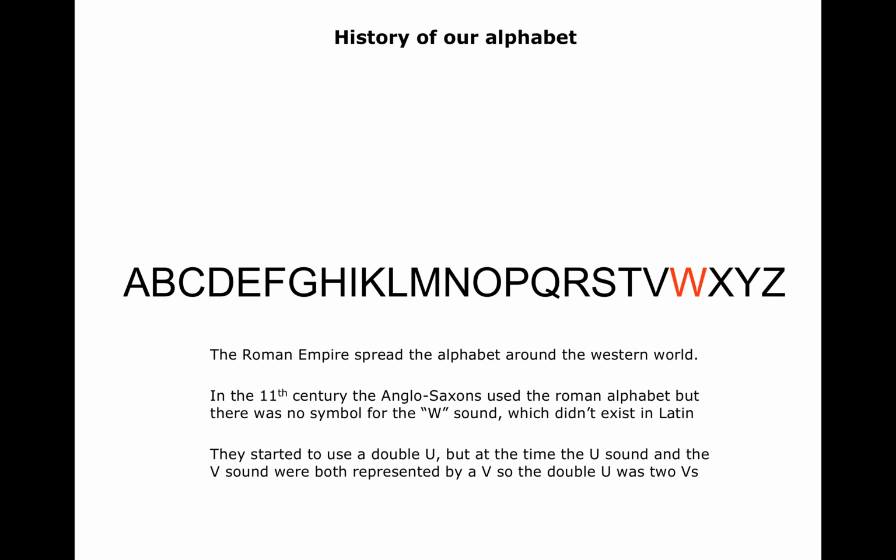The Anglo-Saxons used the Roman alphabet, but they did not have a symbol for the W sound at the time. It didn't exist in Latin. So they used a double rounded U, but then the rounded U sound and the V sound were represented by a V. So the U was 2 V's.